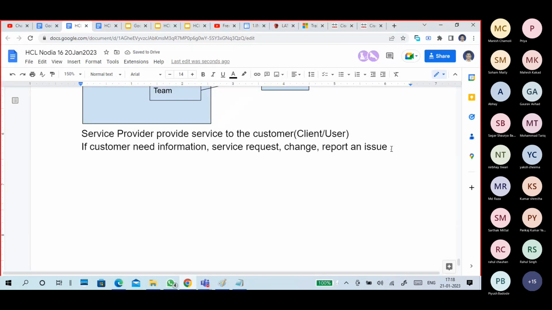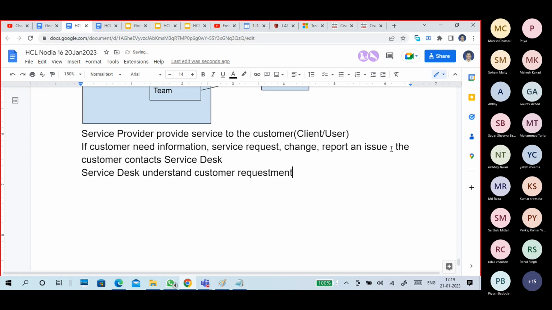The customer contacts the service desk. The service desk person understands our requirements or an issue, and will create a ticket.